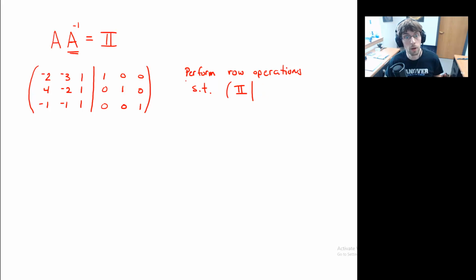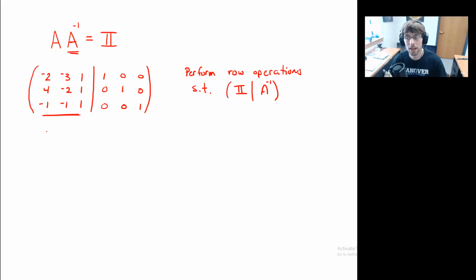When that is done, when I perform row operations such that the identity matrix is on the left-hand side of the vertical bar, if you will, the right-hand side will be displaying my inverse matrix. So instead of the left-hand side being my coefficient matrix, I want to make it look like the identity matrix.